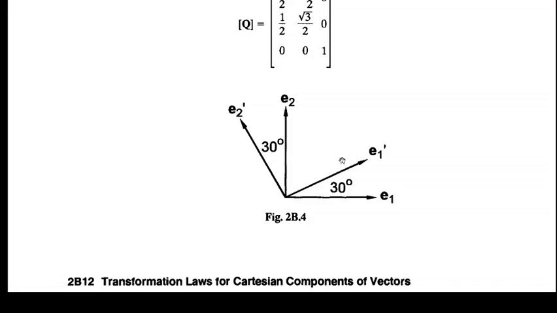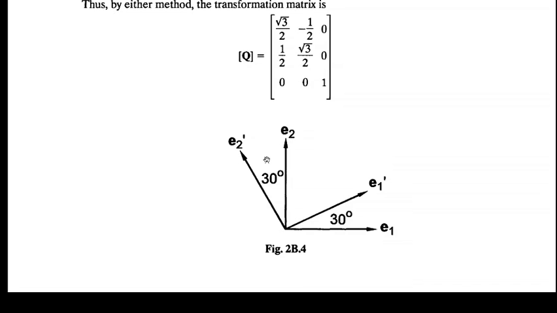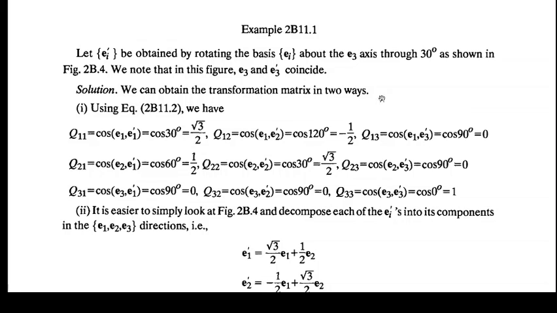This is 30 plus 90, which is 120. And this is Q13, the cosine of the angle between E1 and E3 dash. Similarly, you will calculate all these angles and components, and then you will write Q.